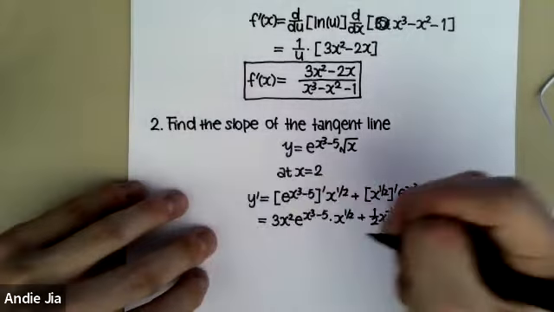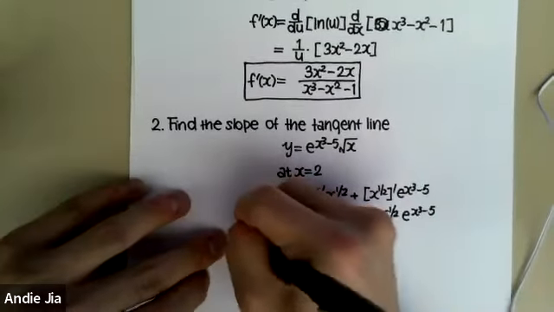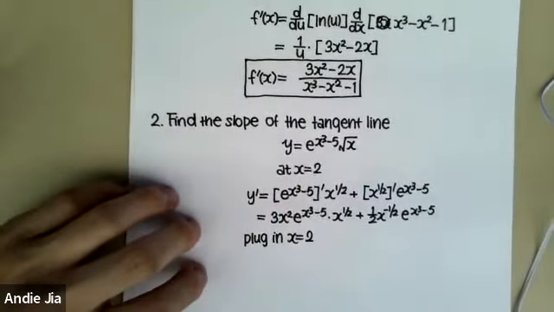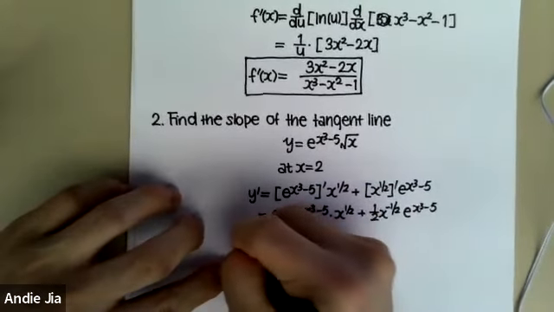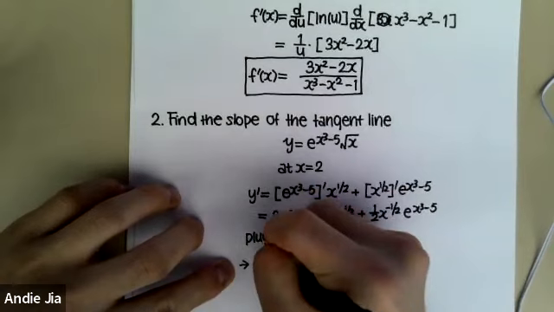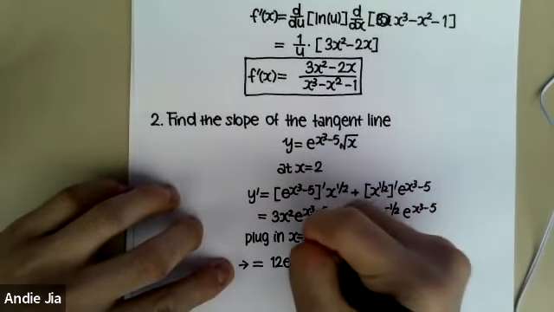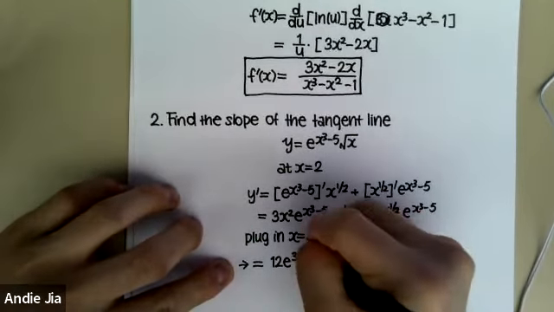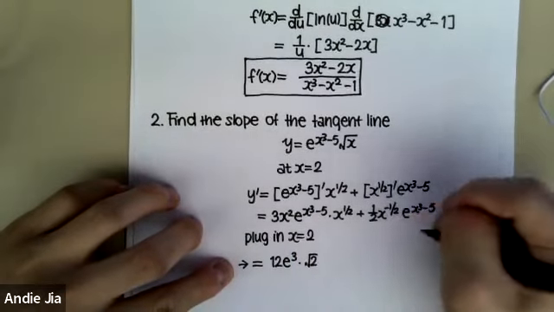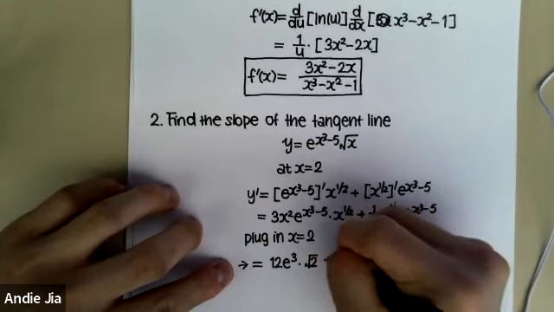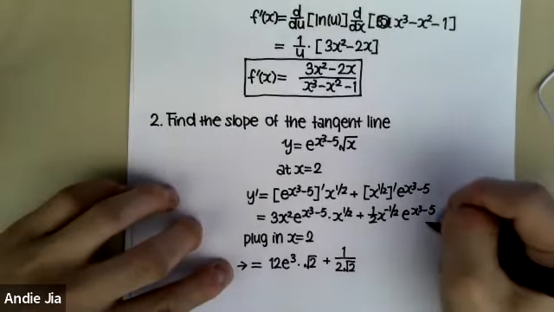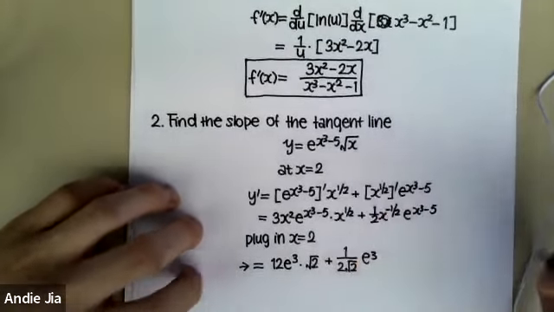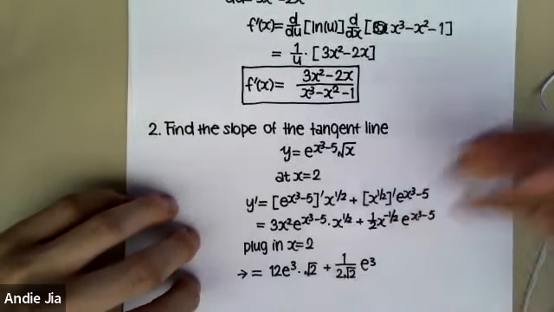Plugging x equal to 2 in there, you will get 12 times square root of 2 times e cubed, plus 1/2 square root of 2 times e cubed. So that is the slope of the tangent line at x equal to 2.